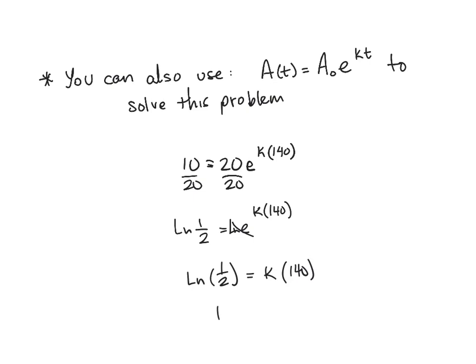So then to solve for K, we divide by 140, so we have the natural log of 1/2 divided by 140, which we plug into a calculator, and we get negative 0.005. And it should make sense that the relative growth rate is negative because the amount of this substance is decreasing over time, not increasing. So the relative growth rate should be negative.